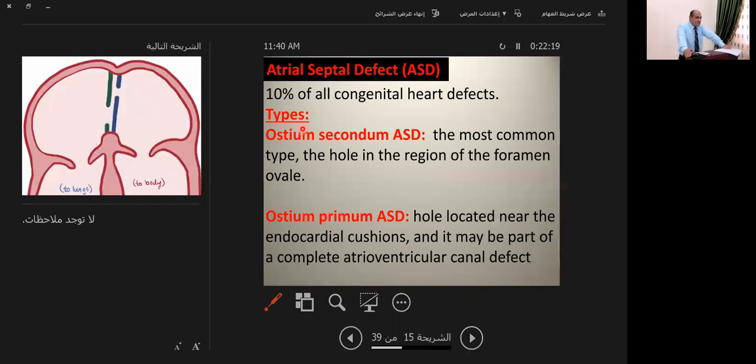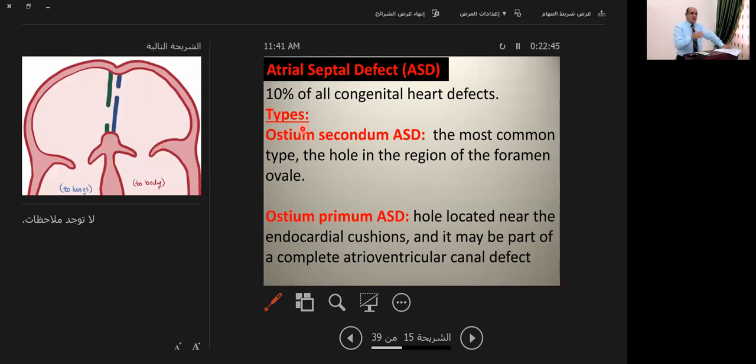As the name says, atrial septal defect means there is a hole in the atrial septum. In ostium secundum, the most common, the hole is in the region of the foramen ovale, an extra hole there, which causes shifting of the blood through the hole.